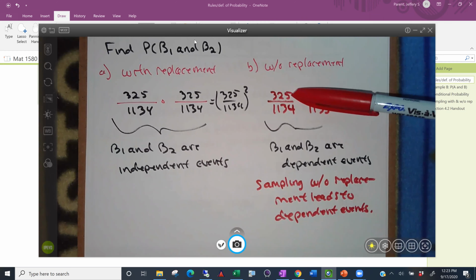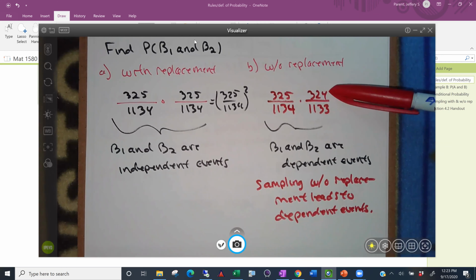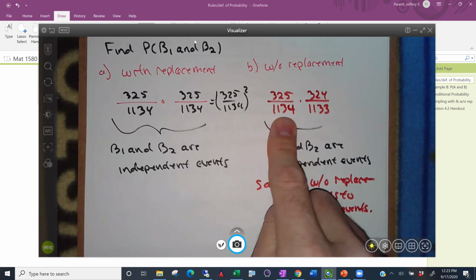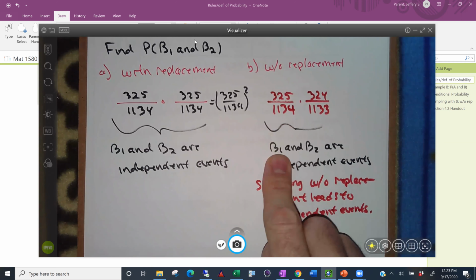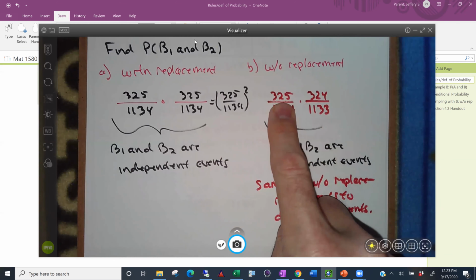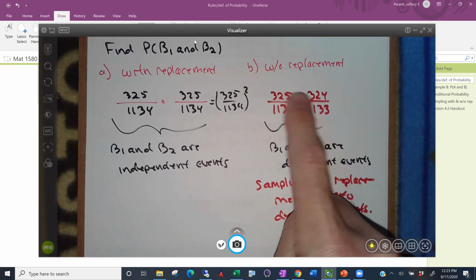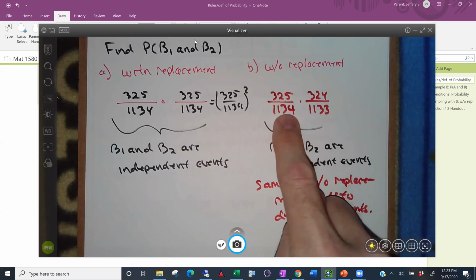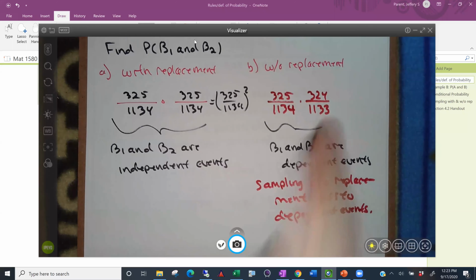So there's one less person who ate at restaurant B, and there's one less person overall. So that's why you took one out of the numerator and denominator. It's because you're saying, okay, on the first draw, I got somebody that ate at restaurant B. But now there's one less person because I already took that person out of the pool.